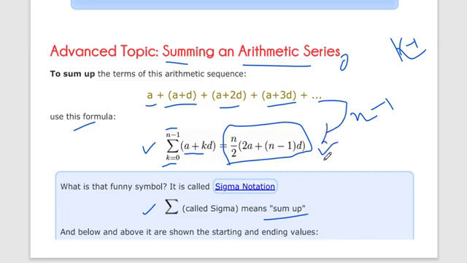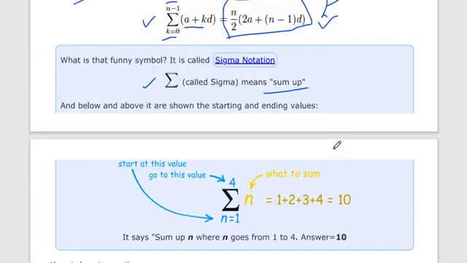This equation is made with the help of the arithmetic equation. First of all, they have decided what the sigma is and how to calculate sigma. Sigma with n equal to 1 and 4 means: here we have the start value and finish value, 1 to 4.